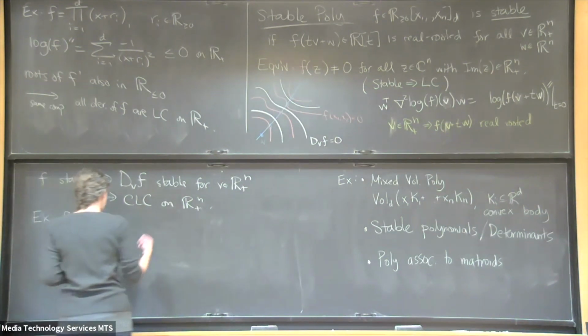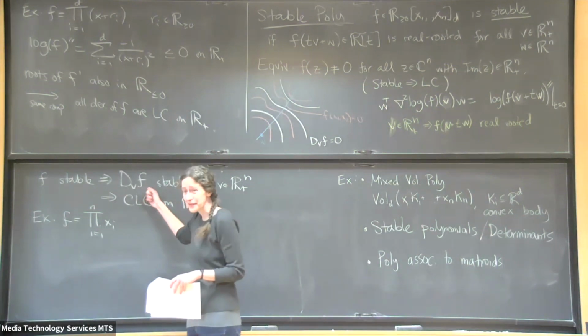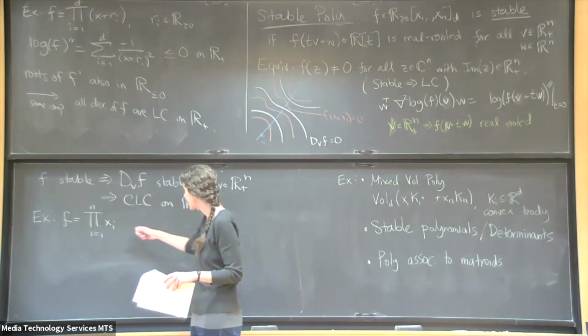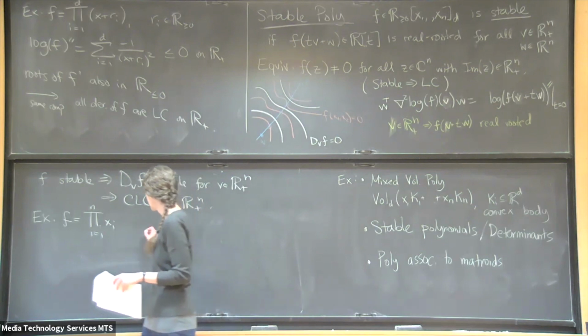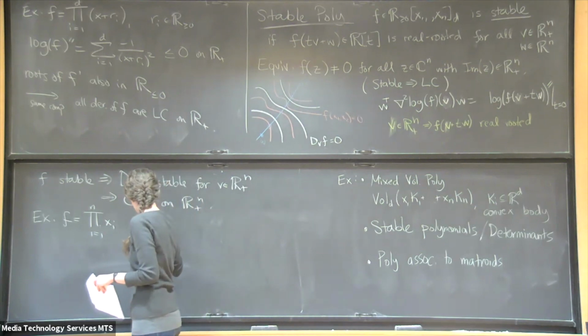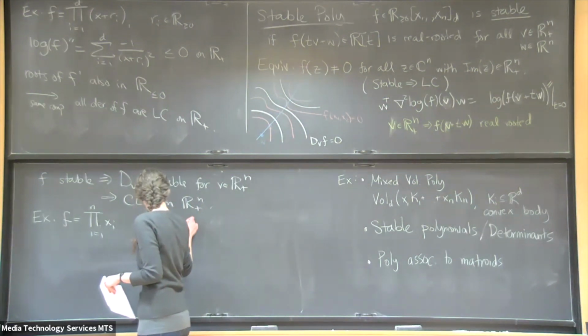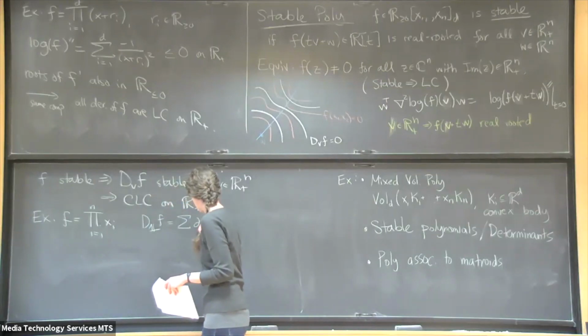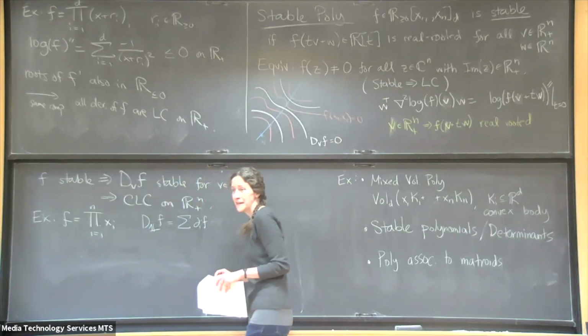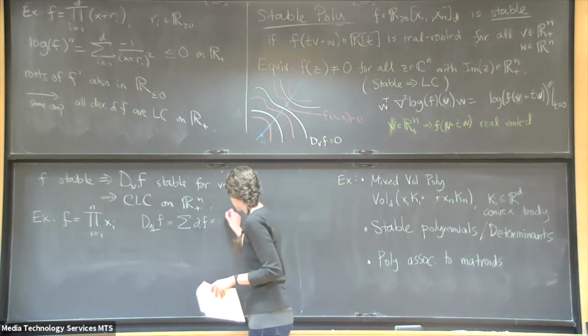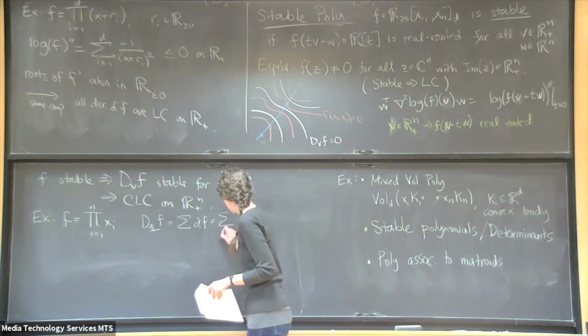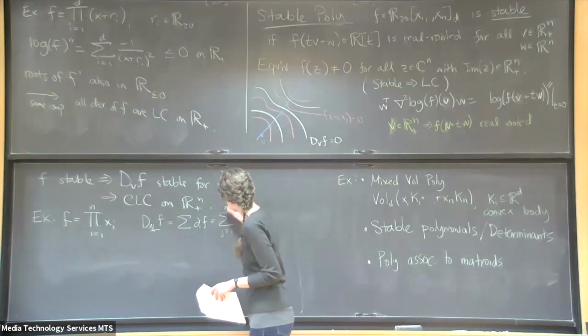And then I can also start taking directional derivatives. For example, if I take the directional derivative with respect to the all ones vector, I just sum up the derivatives of that. This is going to be the n minus first elementary symmetric polynomial.